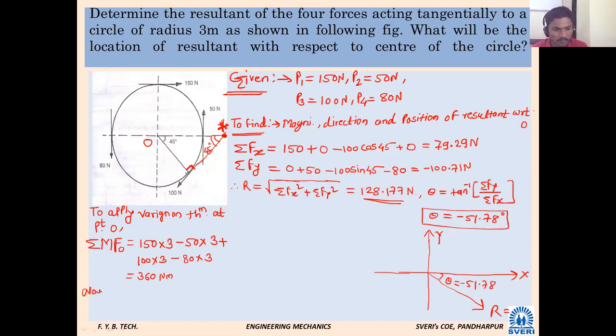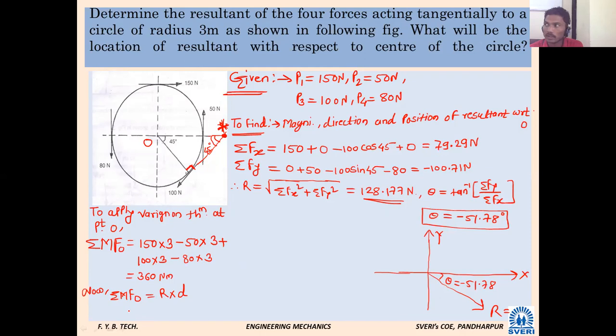Now what will we do? Apply the theorem. Summation of all moments at point O equals R into D. All the values we know, so here you can find D directly.